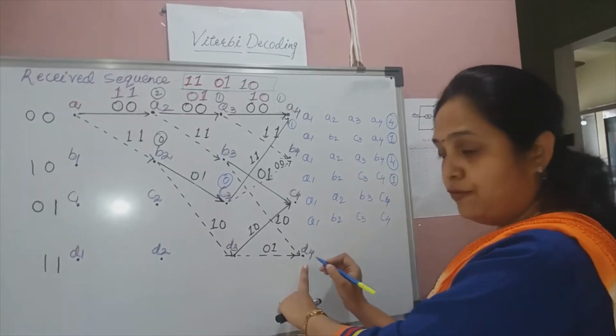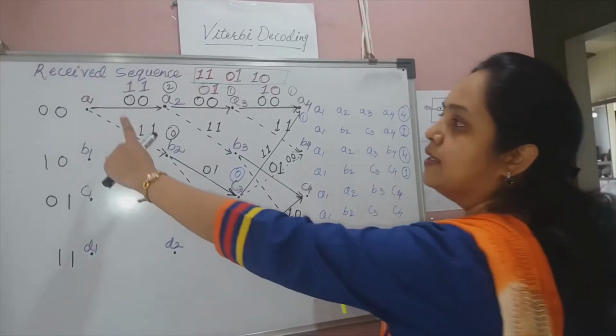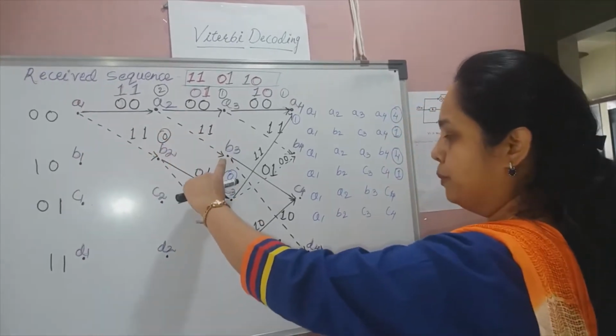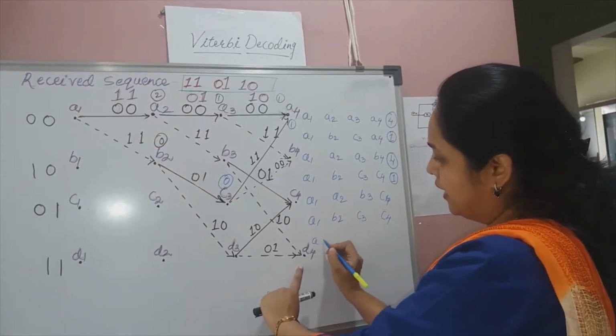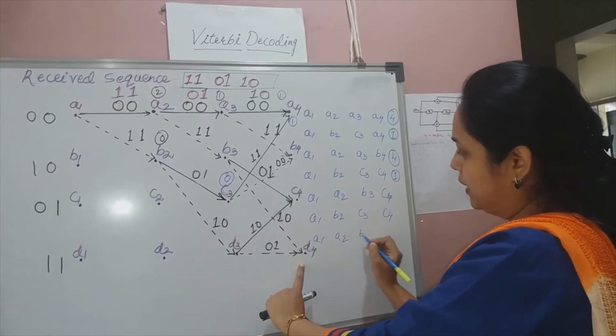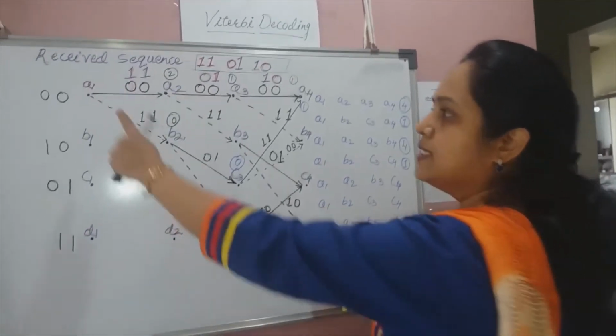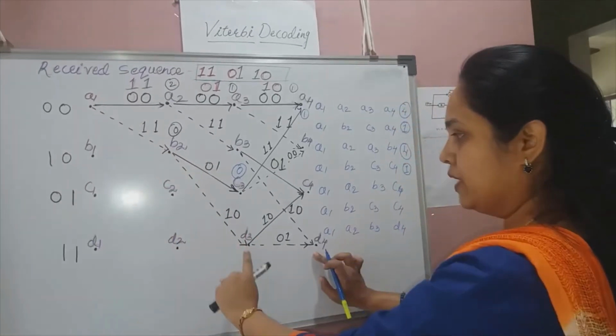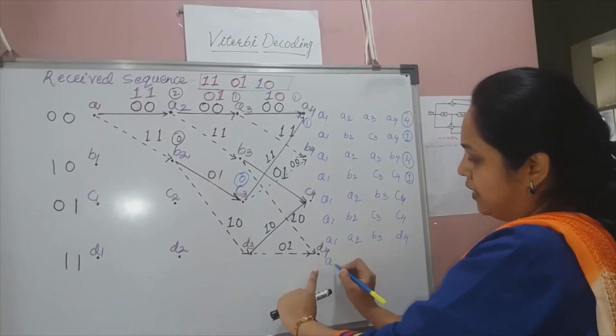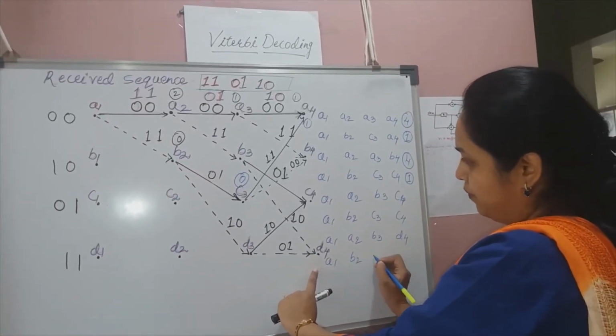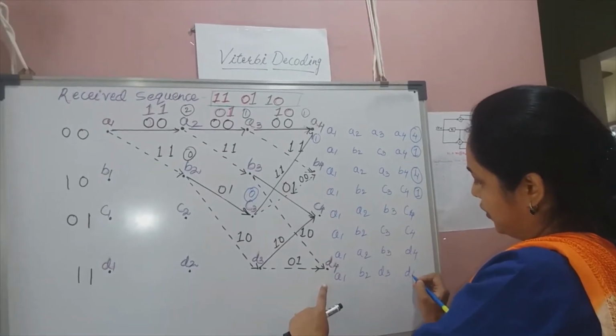The last node is D4, which has again two paths, A1, A2, B3 and D4, and the last one is A1, B2, D3 and D4.